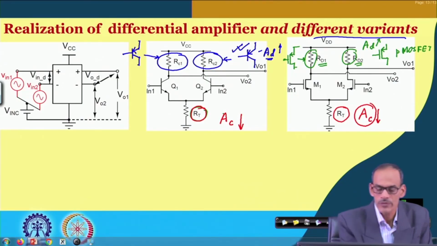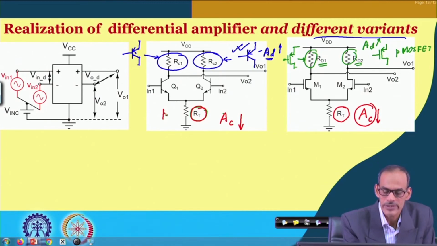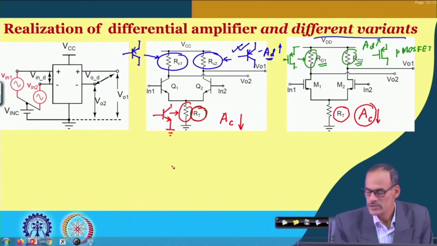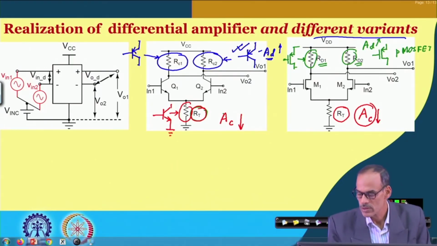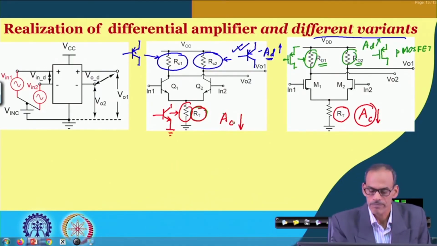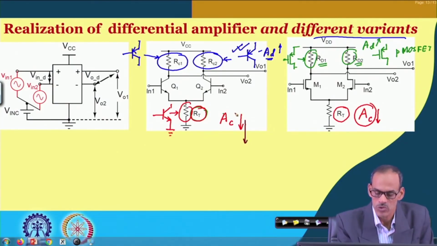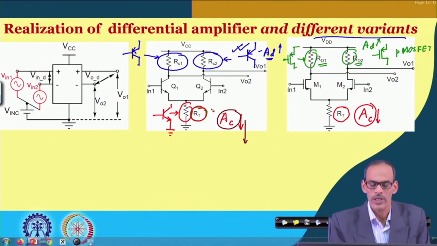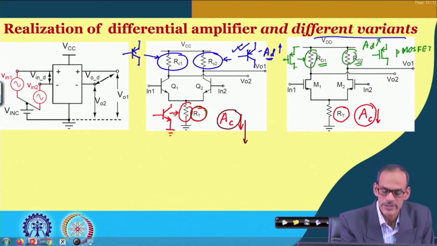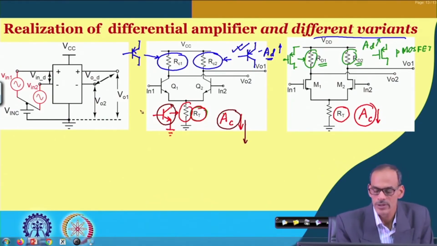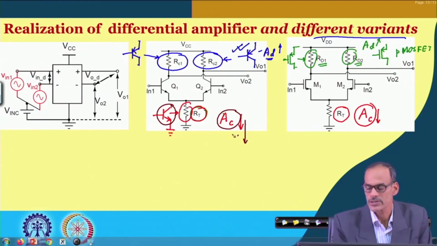So, naturally, if we replace this resistor by an active device, say an NPN transistor, that helps to decrease the common mode gain.